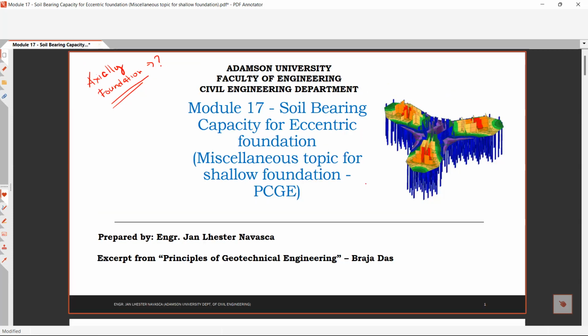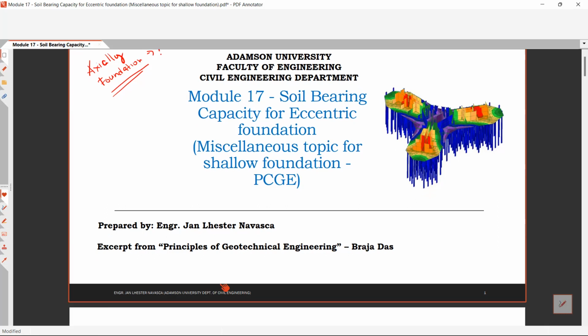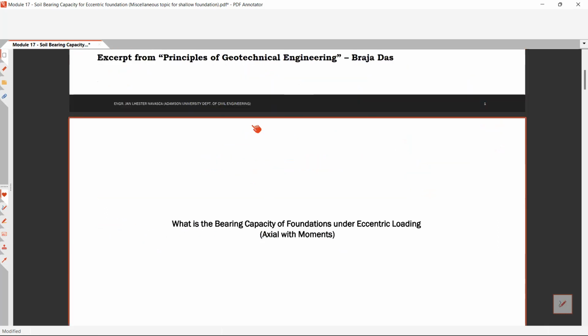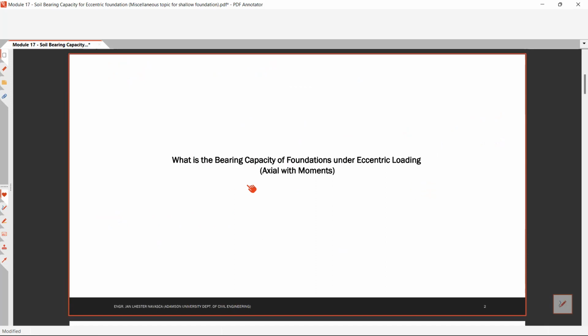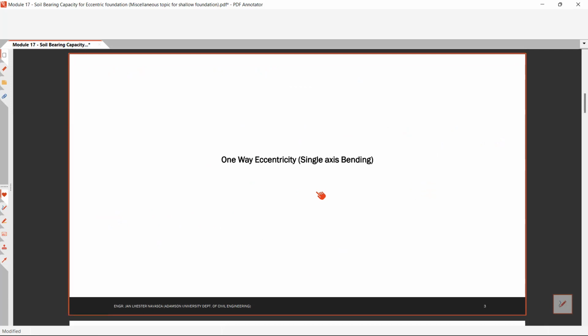So to solve for the soil bearing capacity of eccentric foundation, this topic is excerpted from Principles of Geotechnical Engineering by Braja Das. The question is, what is the bearing capacity of a foundation under eccentric loading, or axial load with very large moments? Number one case is one-way eccentricity, or single axis bending.